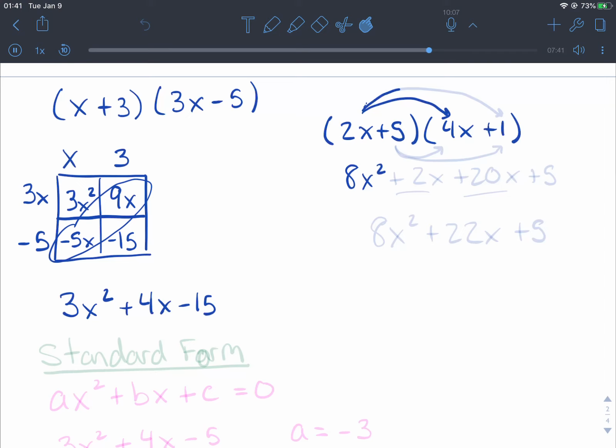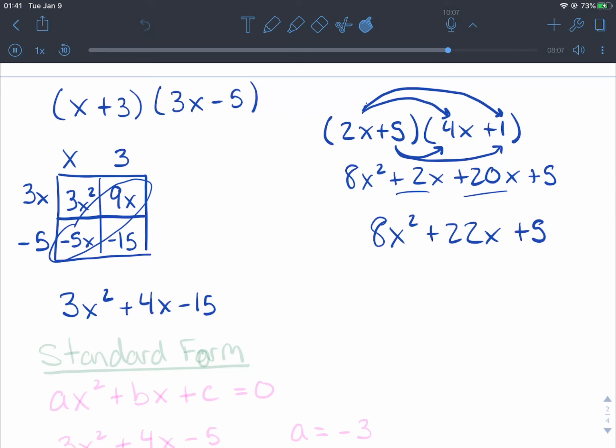The outer numbers, 2x times 1 is 2x. The inner numbers are 5 times 4x, which is 20x, and 5 times 1, which is 5. So we have our like terms. 8x squared plus 22x plus 5, and you're done.